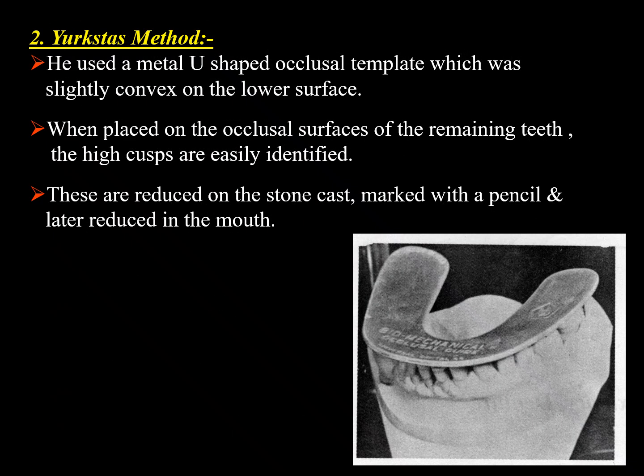The second method is described by Uruktas. So here Uruktas used a U-shaped occlusal template which was slightly convex on the lower surface.